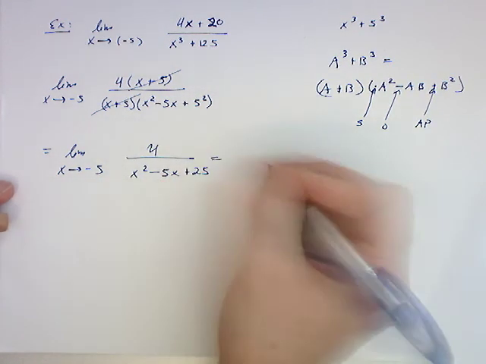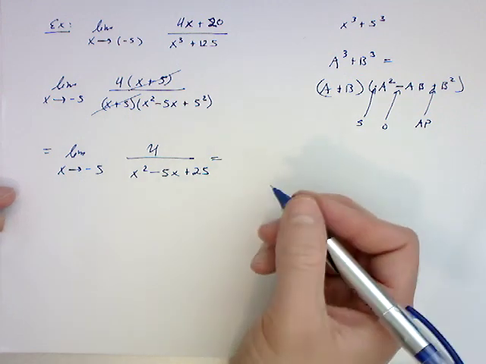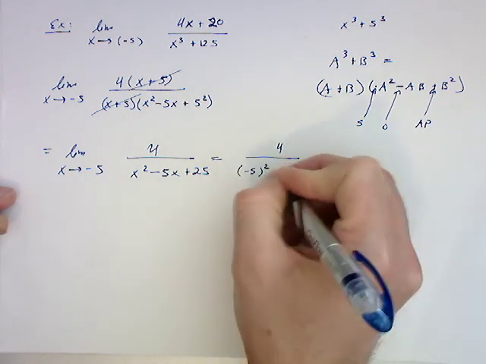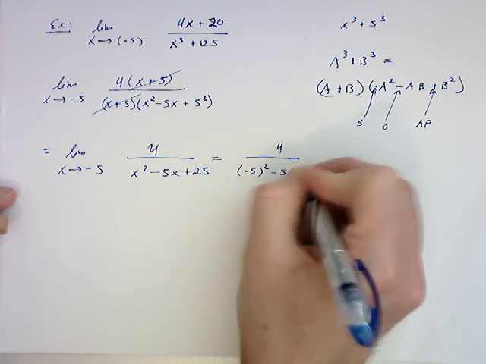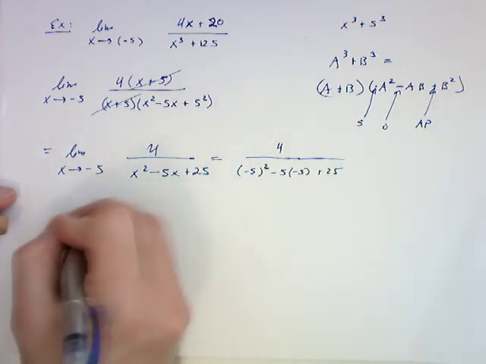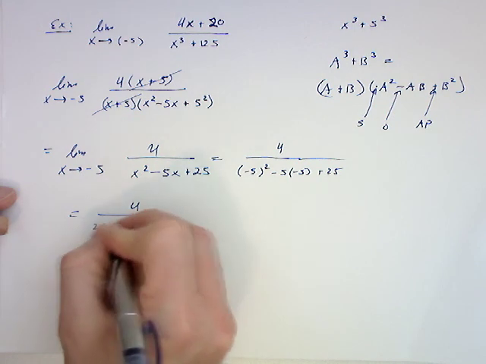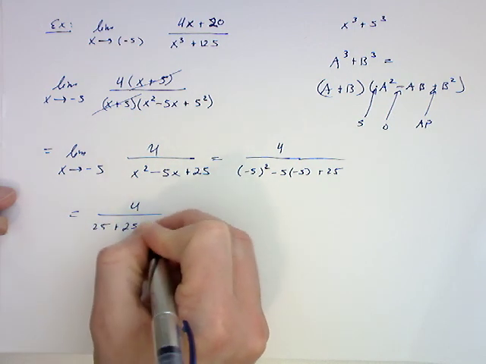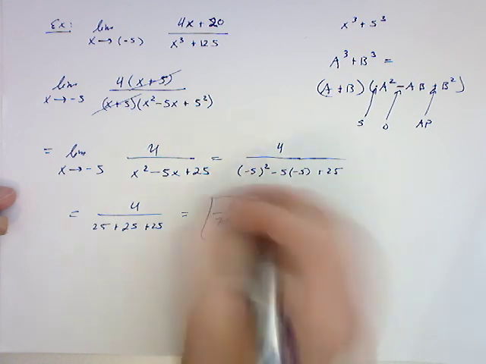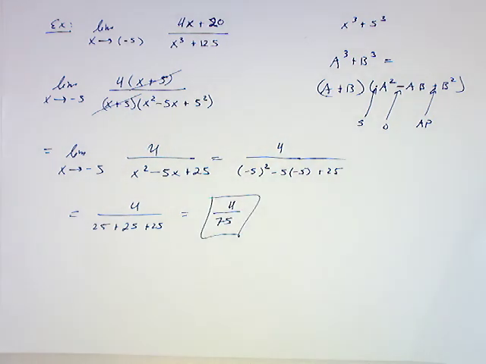And then we can plug in x equal to negative 5 and get 4 over negative 5 squared minus 5 times negative 5 plus 25, which is equal to 4 over 25 plus 25 plus 25, which is 4 over 75. So there are a couple examples of 0 over 0 limits where you have to factor and cancel stuff.